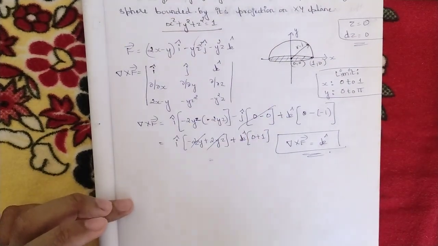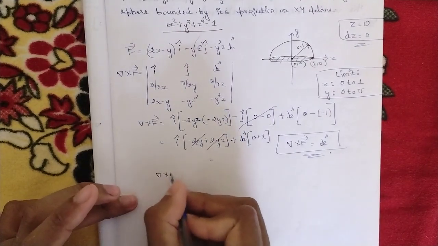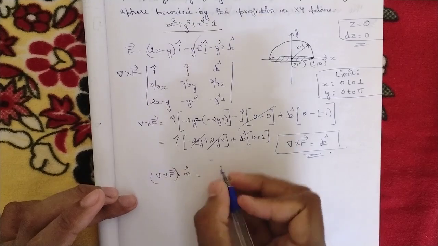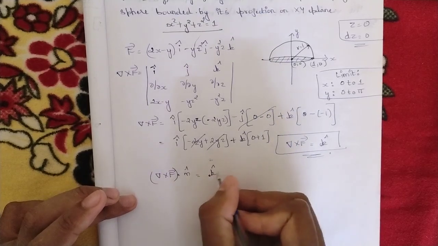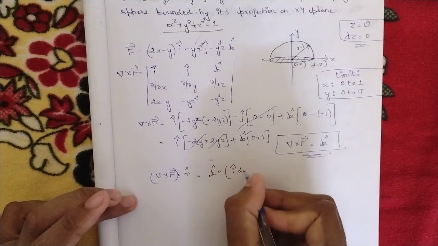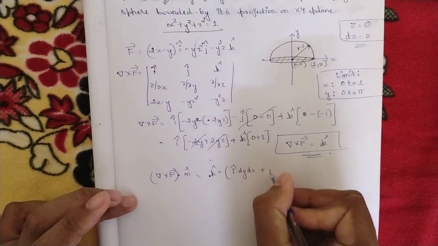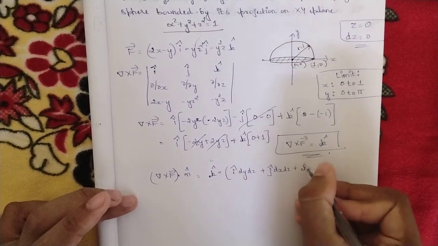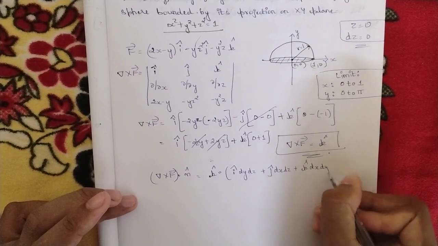Now del cross f dot n cap is equal to k cap into i cap dy dz plus j cap dx dz plus k cap dx dy.